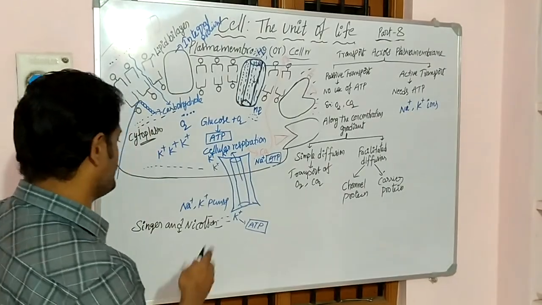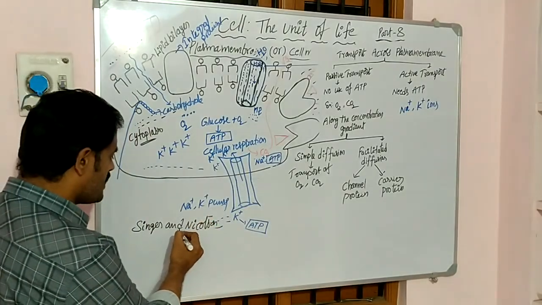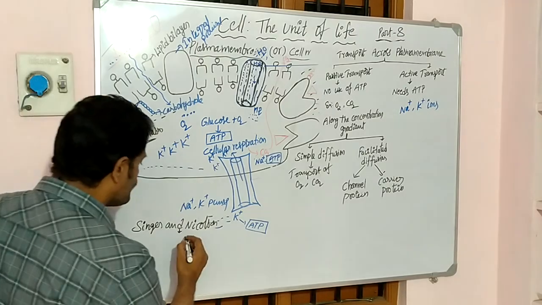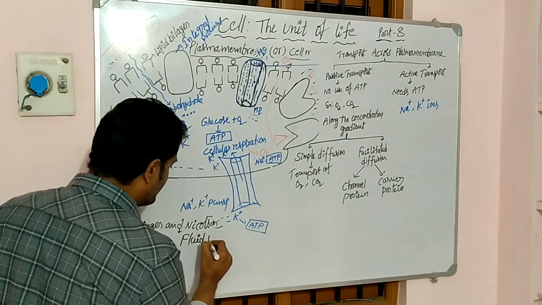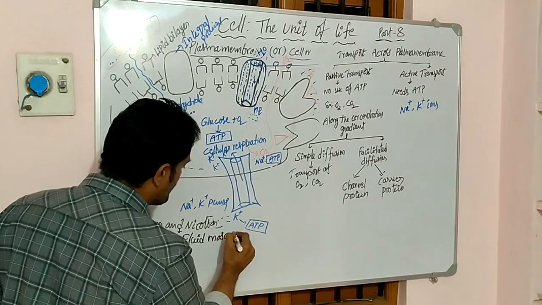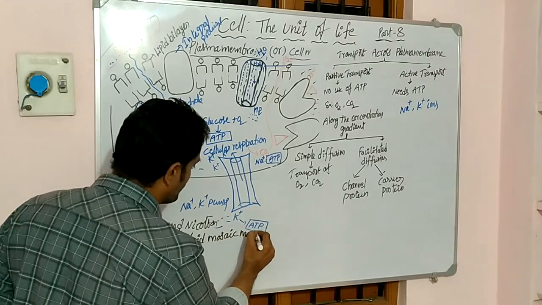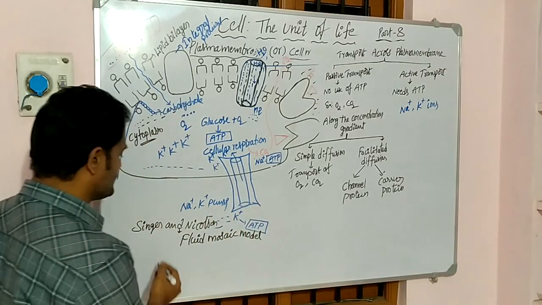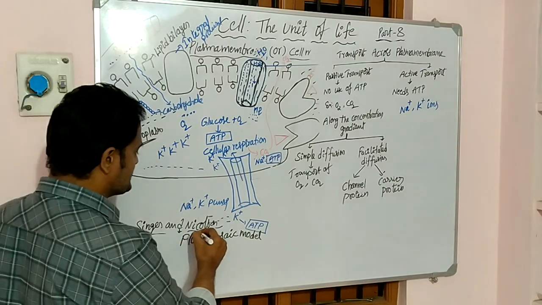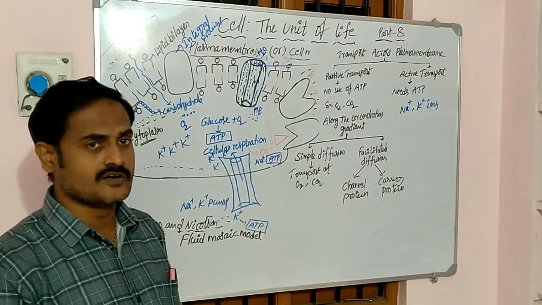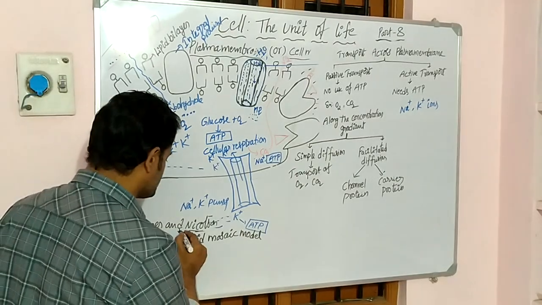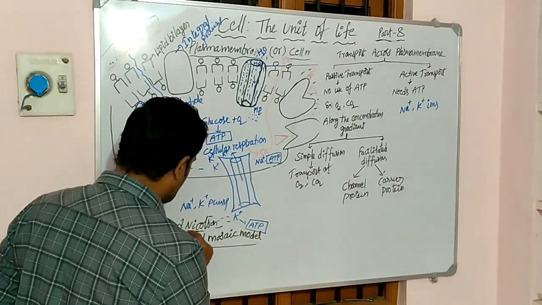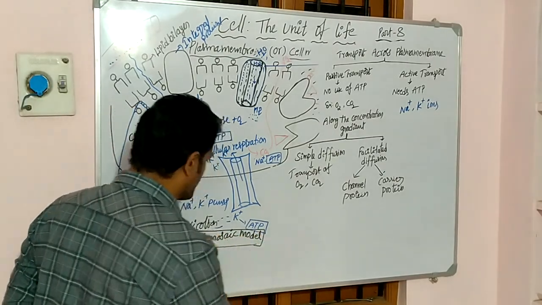So what is the name? The plasma membrane is a fluid mosaic model. Who proposed this? Two scientists, Singer and Nicolson. They proposed that the plasma membrane is also called the fluid mosaic model.